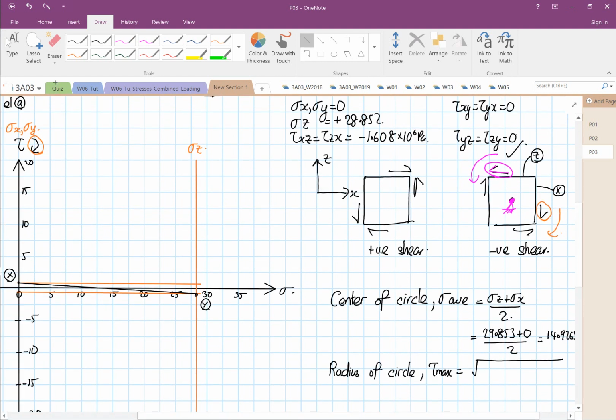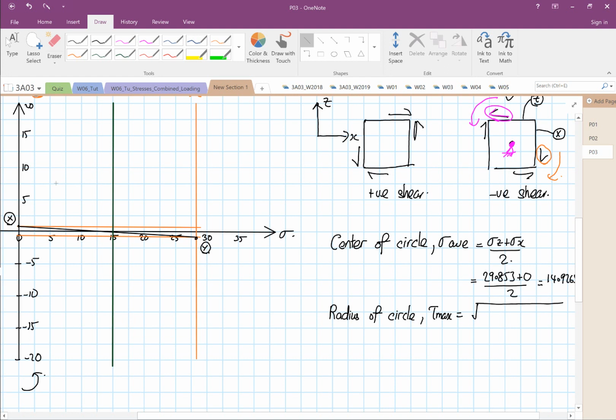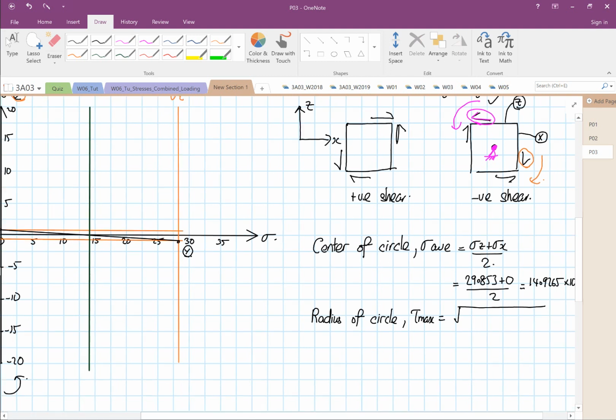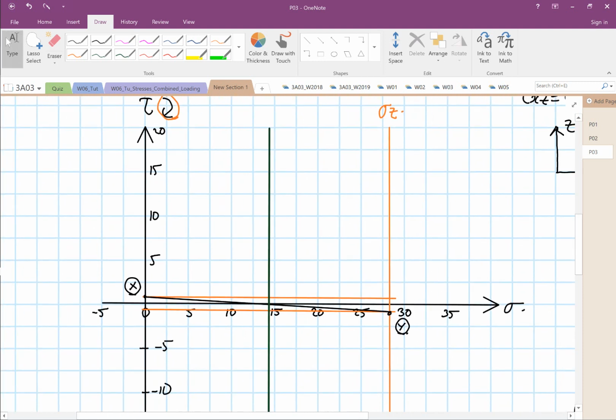So this is our stress average line. This is 14, so we'll be somewhere around here. In fact, I'm going to move it slightly towards the left. So as you can see, this is our stress average line.